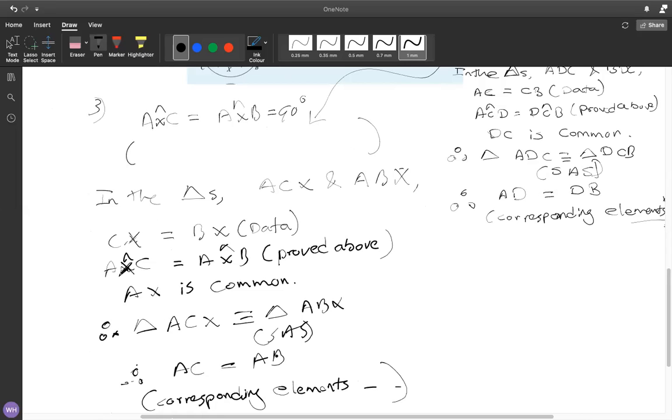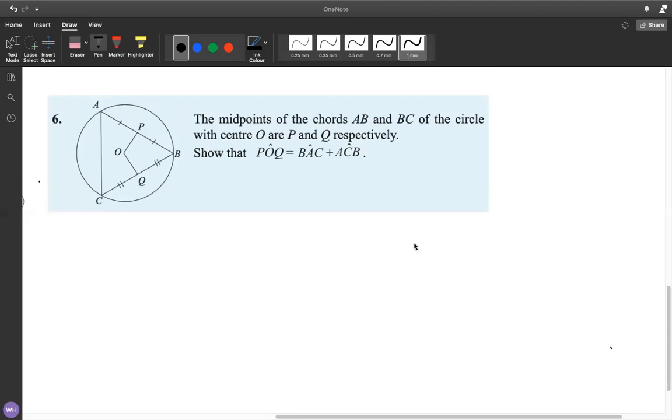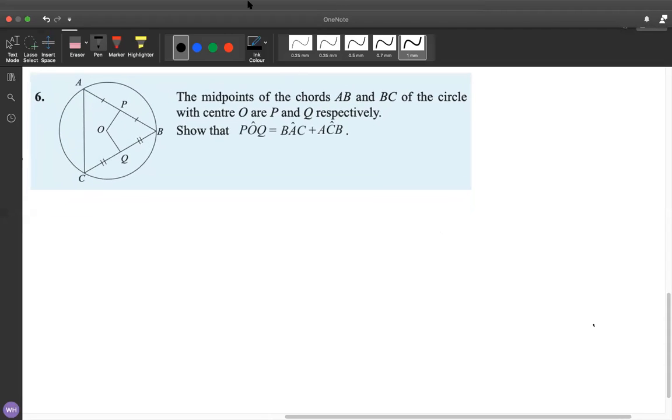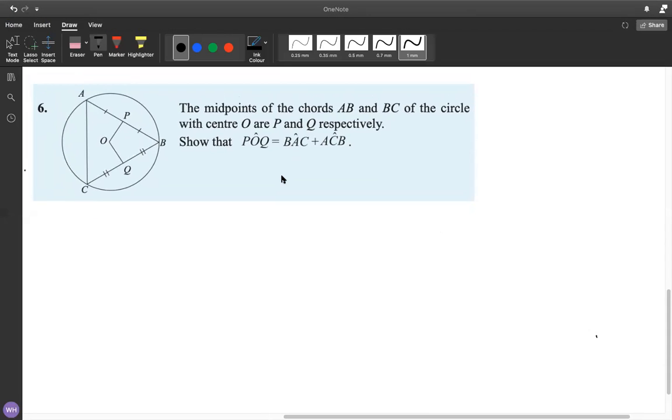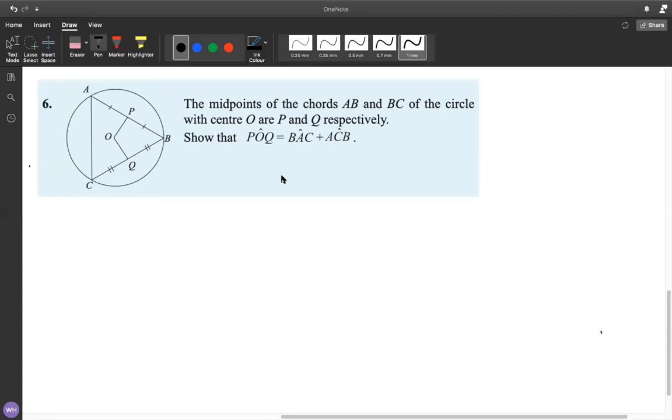Here, P and Q are the midpoints of the chords AB and BC of the circle with center O respectively.